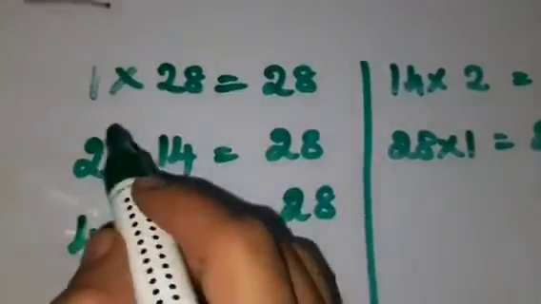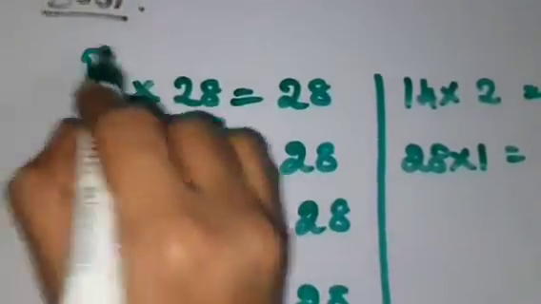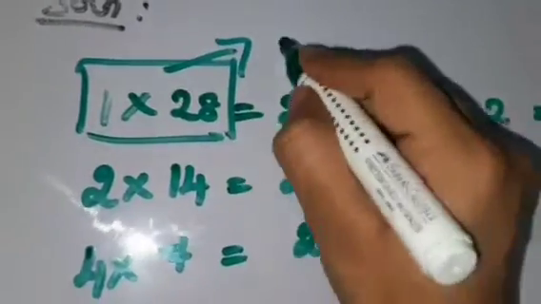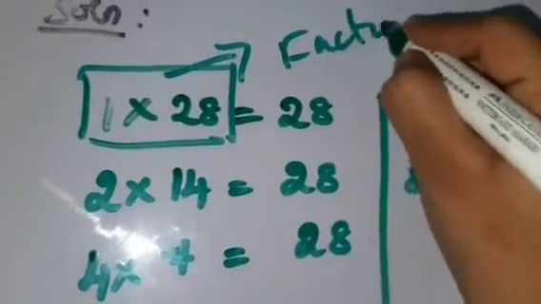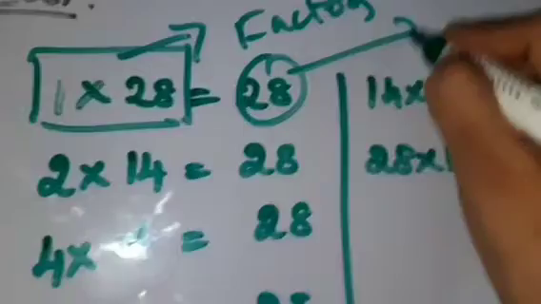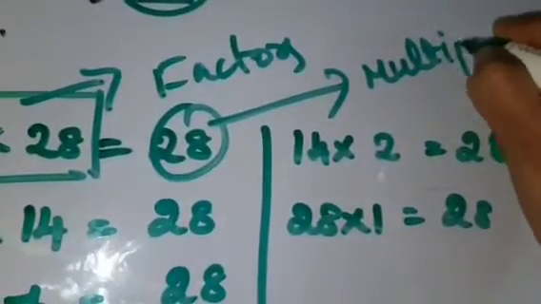So here 1 and 28 are the factors, and 28 is the multiple.